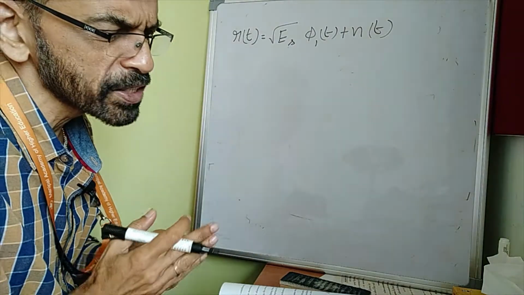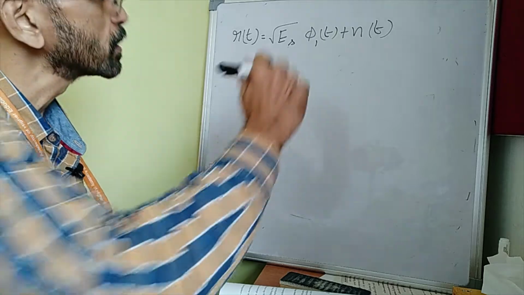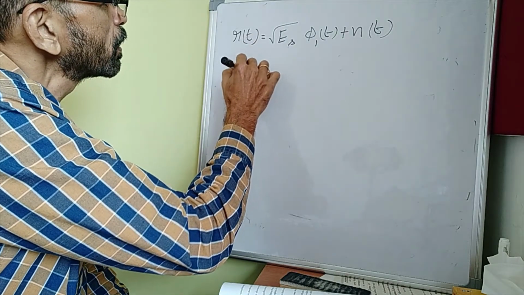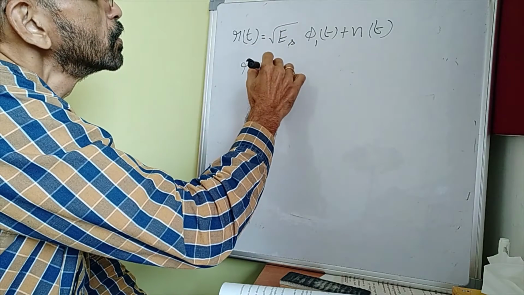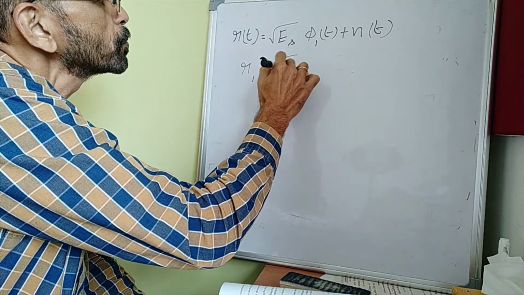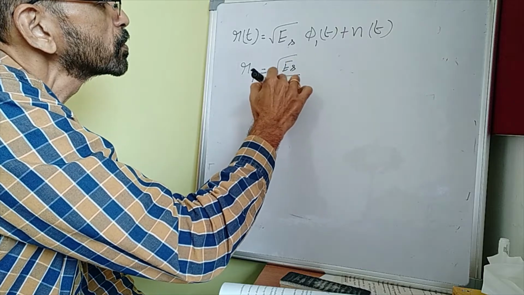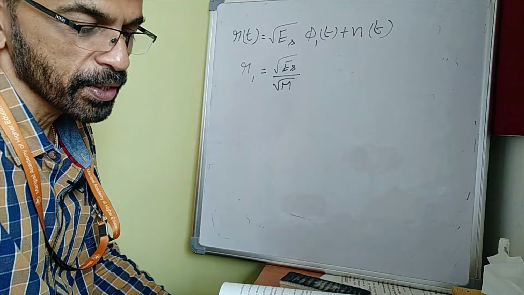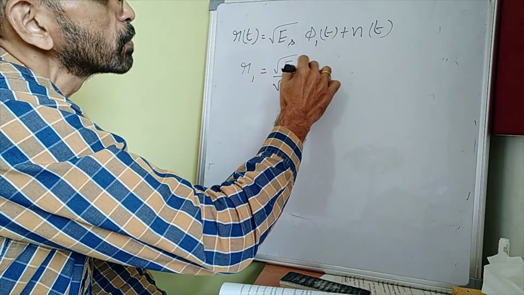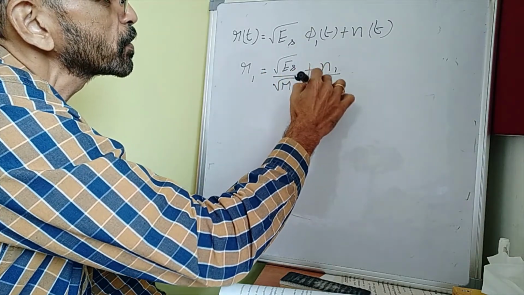So if we consider the branching of the signal, we can write that R1 is equal to root of Es by M, plus N1 by root M.